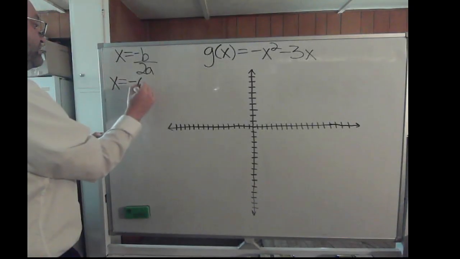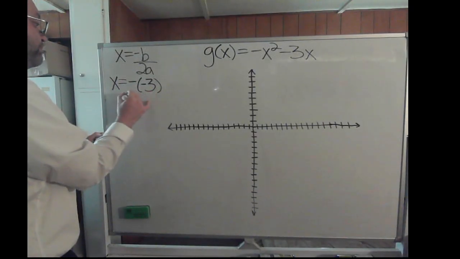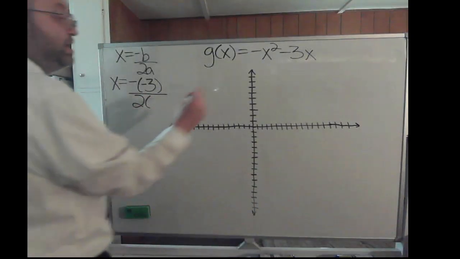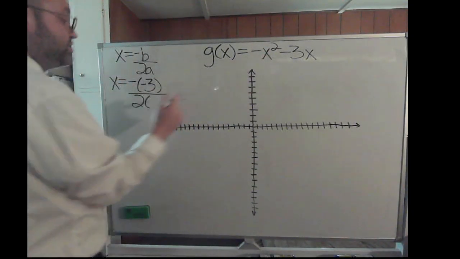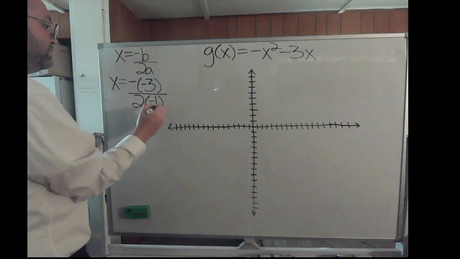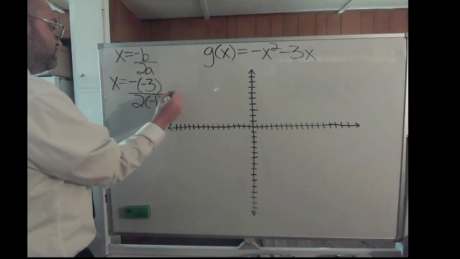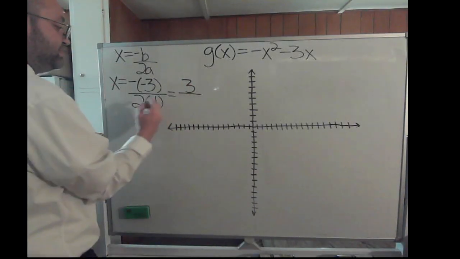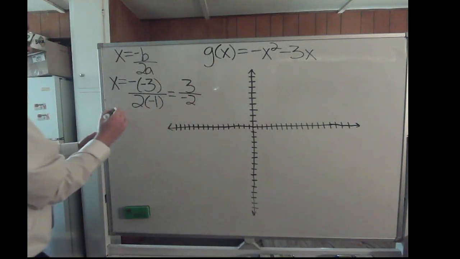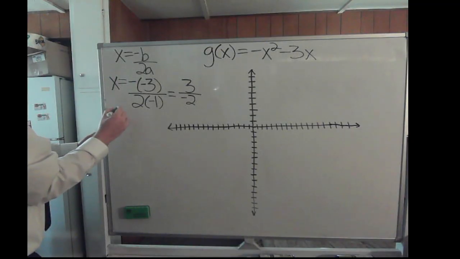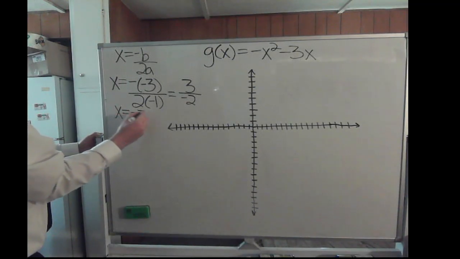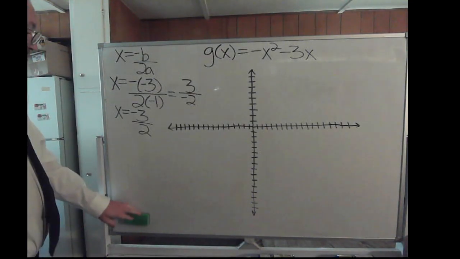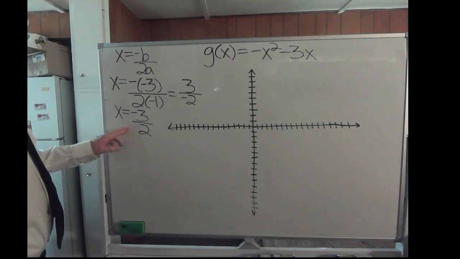So you'll have -3 over 2 times the coefficient of your x to the second power term. Well, that'd be -1. Which would equal -3 over 2 times -1, that's -2. Wait, negative of -3 is 3, so it's 3 over -2. So the x coordinate of this is -3/2, or -1.5.